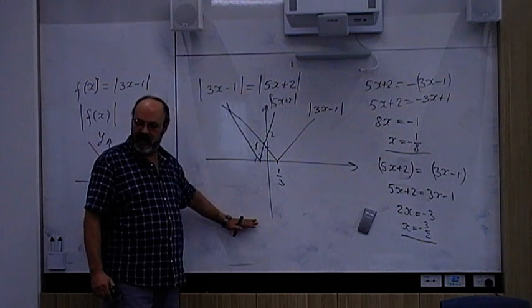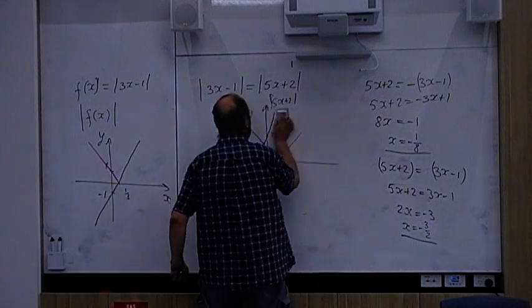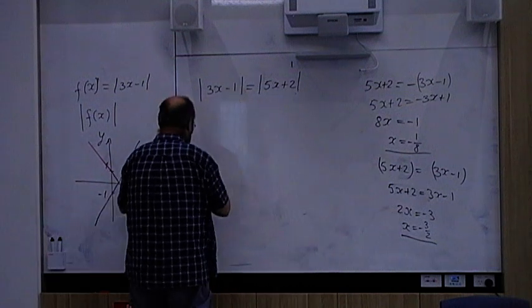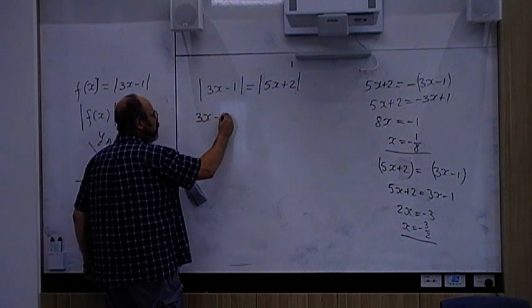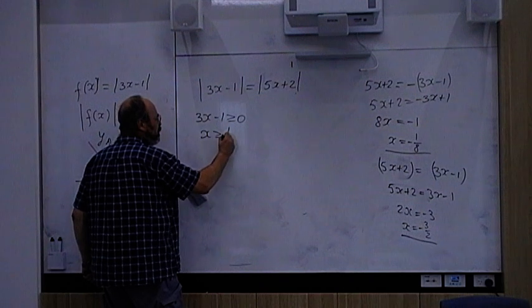Make sense? Because if we do it algebraically, then we have to break it into quite a few different equations. We need to consider when 3x minus 1 is greater or equal to 0, so x greater or equal 1/3.